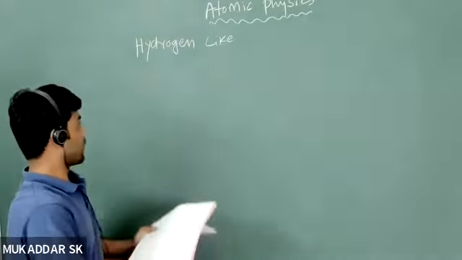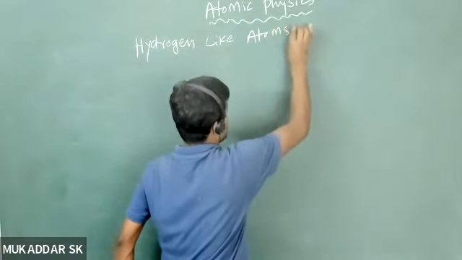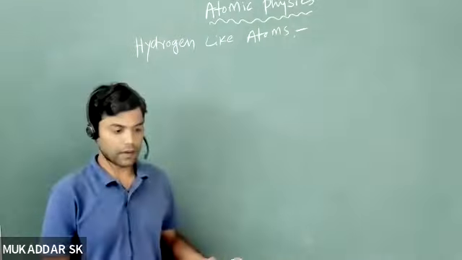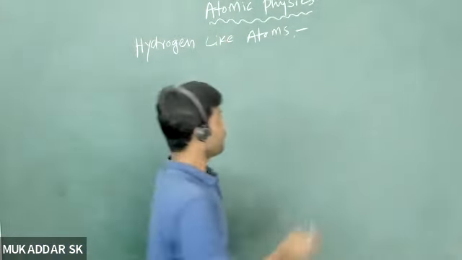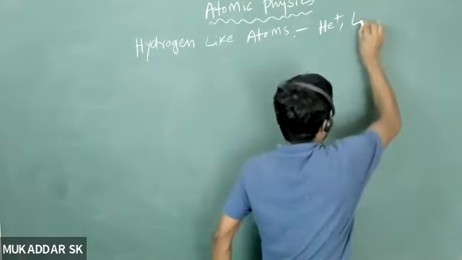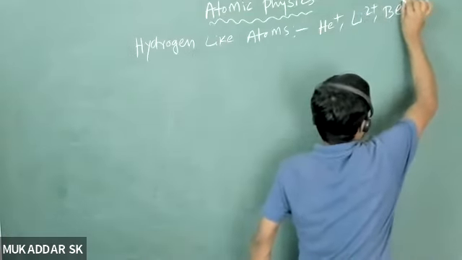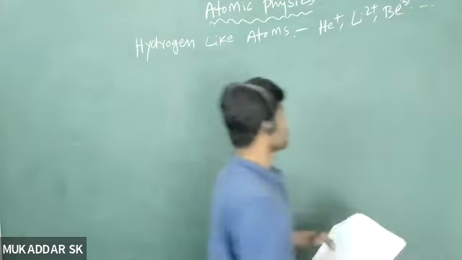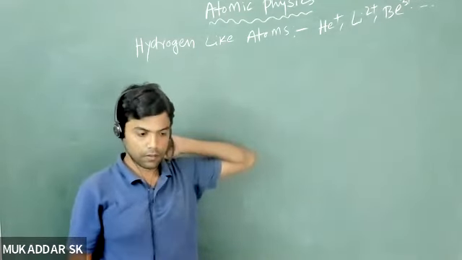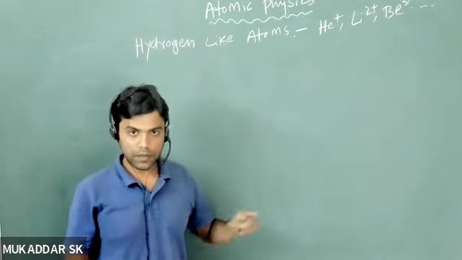So today we'll learn about the hydrogen-like atom. Can you please tell me the names? Helium plus, then lithium 2 plus, then beryllium 3 plus, etc. Helium plus means it has 2 protons, 2 neutrons, but only 1 electron.